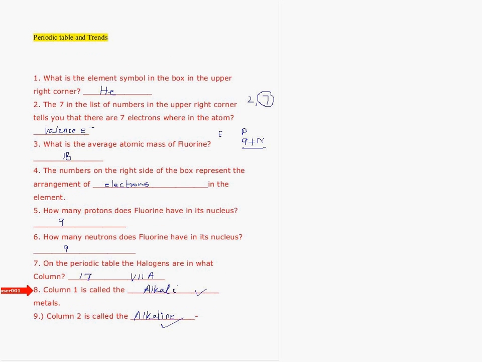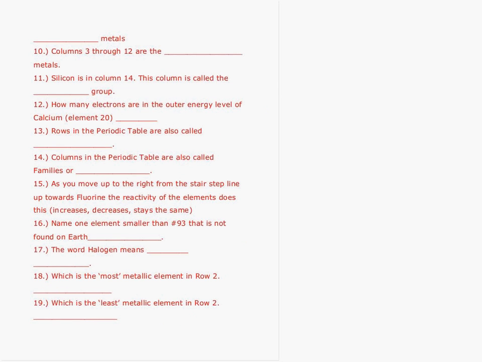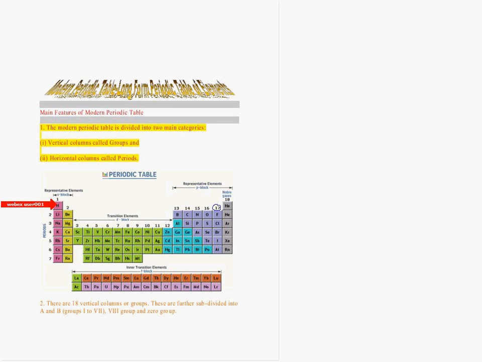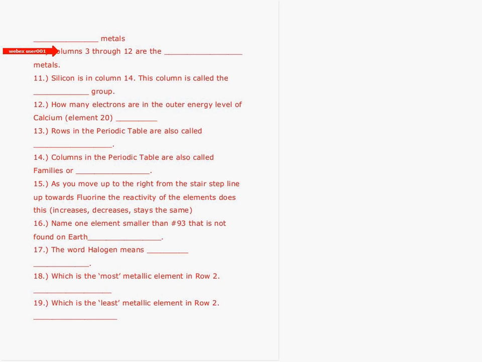Okay. Now we have got the next question. Columns 3 through 12 are called transition metals. Okay, very good. That's right.